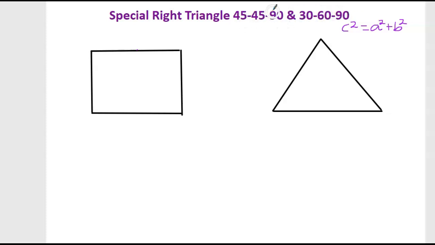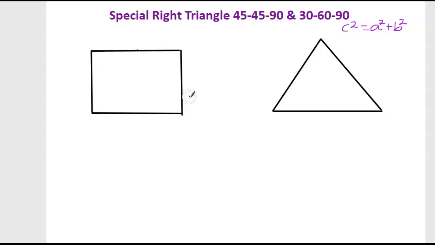But with this special triangle, if we have even one side of it, we are able to use the special right triangle to calculate the others, whereas with the Pythagorean theorem, we need two sides and a 90 degree angle in order to do it. So we're going to use these two models to come up with the ratios that come with these special right triangles.